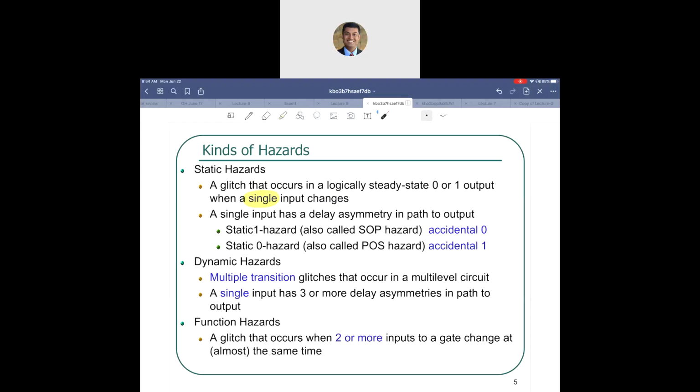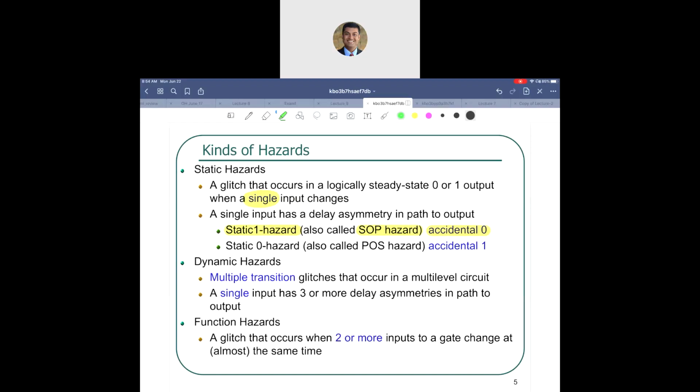Now, they are of 2 types. Static hazards can be classified as a static 1 hazard. Static 1 hazard is also called a sum of product hazard. It is the hazard condition in which an accidental 0 could occur. This is the example that we just saw earlier.